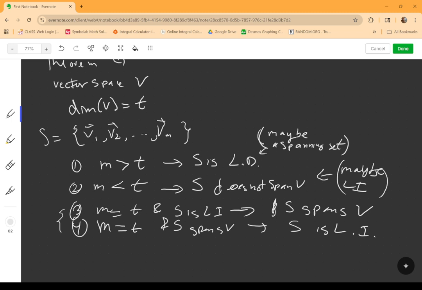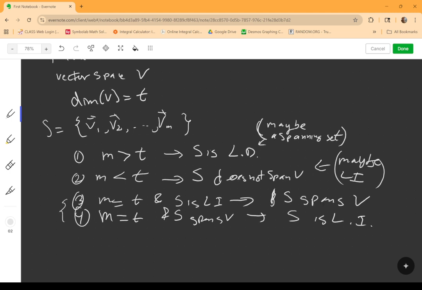All right, so what this is going to allow us to do is that we can check for one thing. Once you have exactly T vectors, the dimension of the vector space, checking either condition gives you the other for free, is what this is telling you, right?